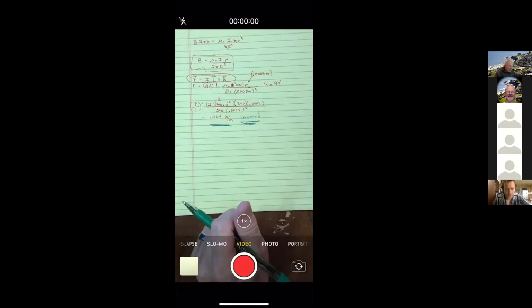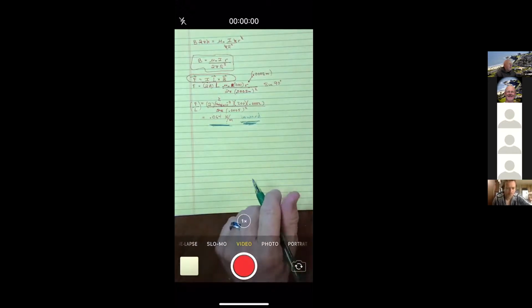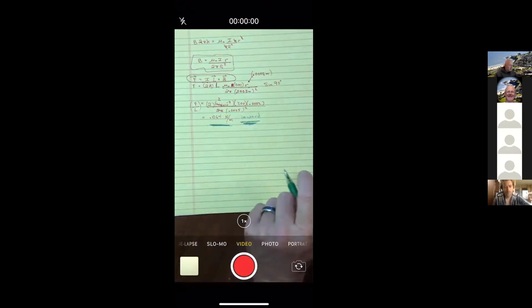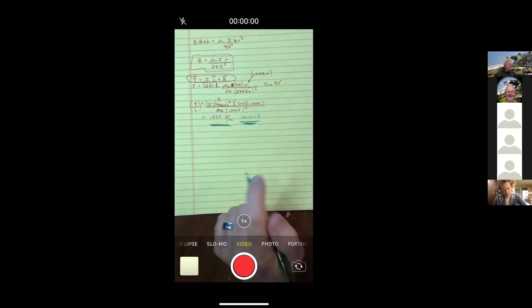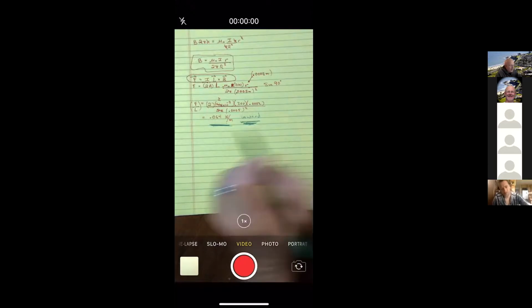I will. And before that, I'm just going to flip back over and check the solution on 27. See if I got anything close. They got, oh, now they got times 10 to the negative 3.